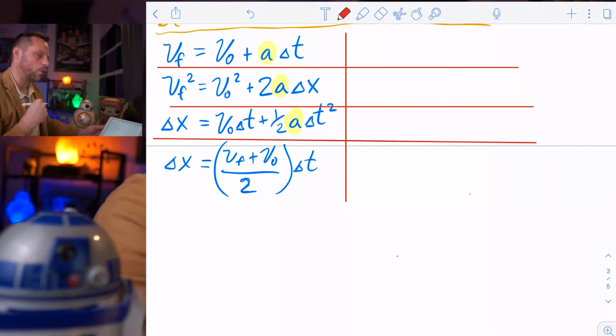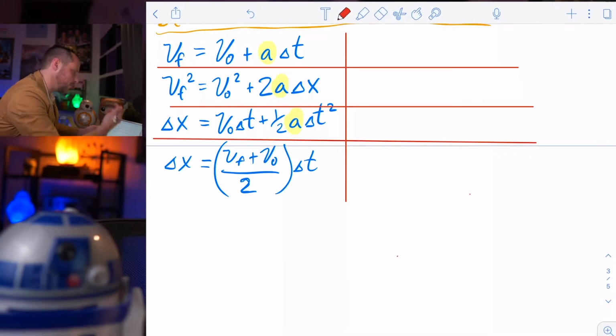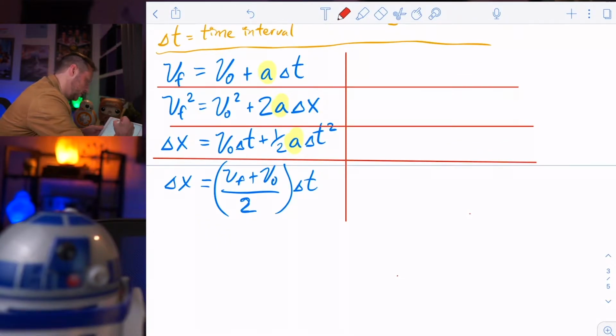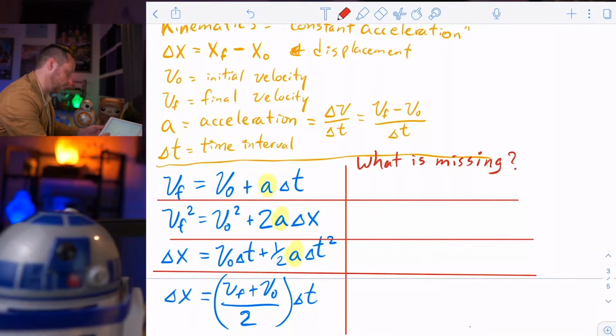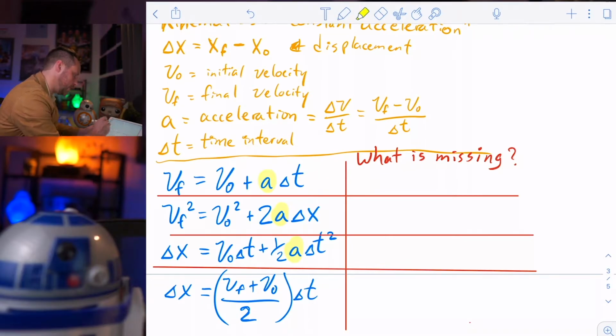Okay, so let's say what is missing in each of these 4 equations? Well, we have 5 variables to work with. All right, we have displacement, initial velocity, final velocity, acceleration, and change in time.